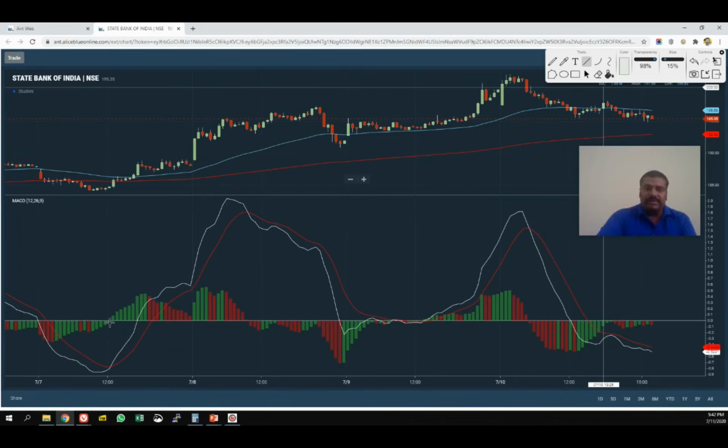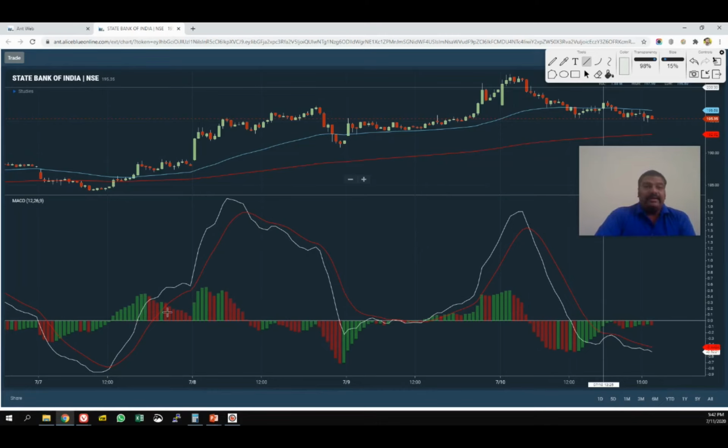Number 1 is whenever these two lines, the MACD line and the signal line, cross. If it is upward, it's a buy signal, and if it's going down, it's a sell signal. This is strategy number 1. Strategy number 2, we are going to use only the MACD line and the 0 line. Whenever the MACD line crosses 0 from upward, it's a sell signal, and when it goes from down to up, it's a buy signal.